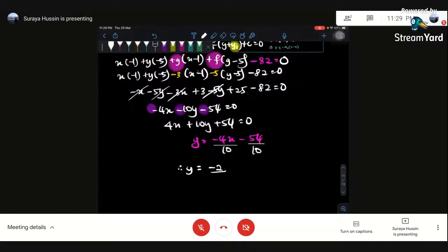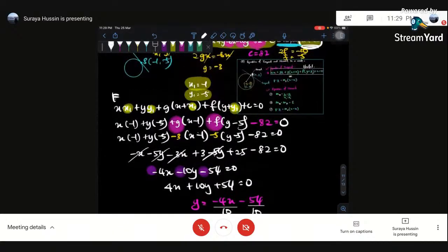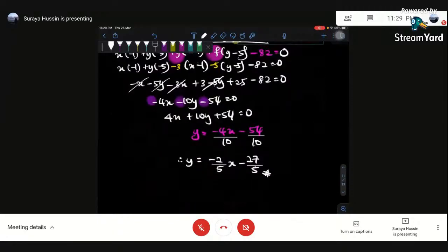You will get negative 2 over 5x minus 27 over 5. So this is your answer. Tapi ini apa? Ini remember this equation yang panjang-panjang ni adalah equation of tangent. Therefore, if you use formula yang panjang ni, you tengah mencari tangent semata-mata.